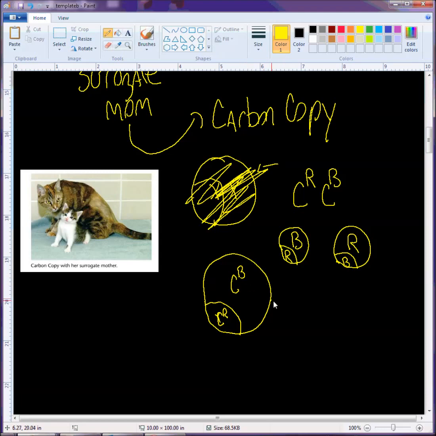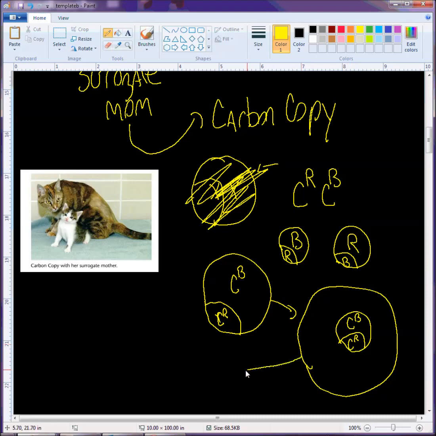We take this and we put this into an enucleated egg. And then we have a CR here and CB here. Scientists don't know what's going to happen here. This is inactive at this point.